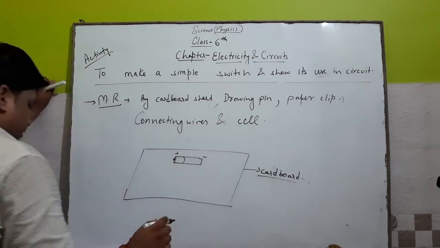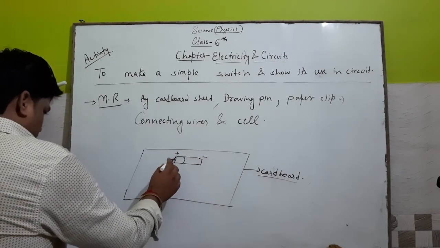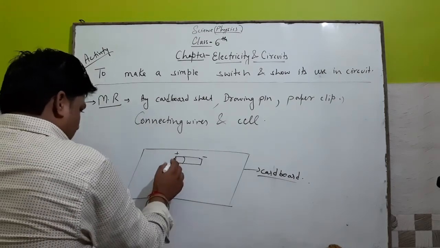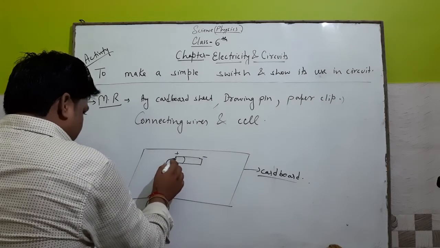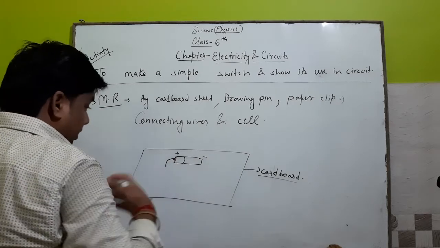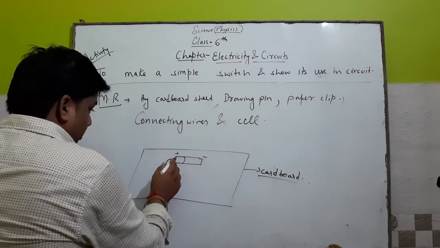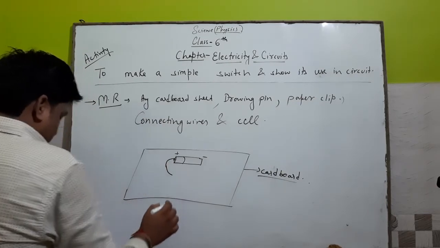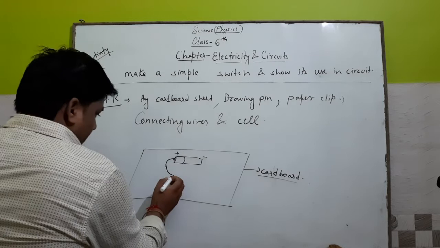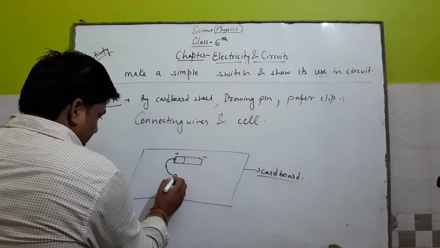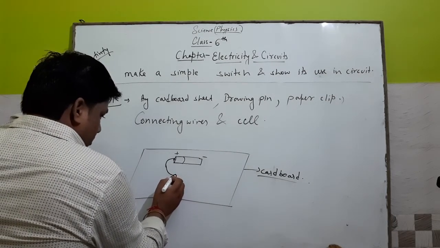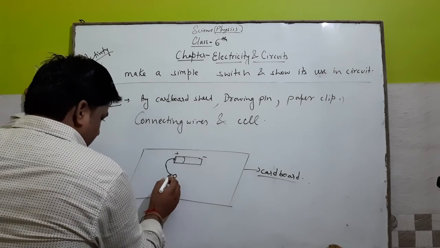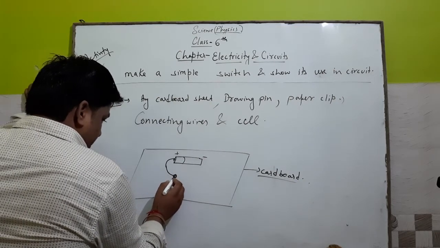Okay, this is the cell, and with the help of this cell, what do we have to do? Take a connecting wire and connect the positive terminal of the battery. Take a paper pin and insert it in the cardboard, and connect this wire with this paper pin.